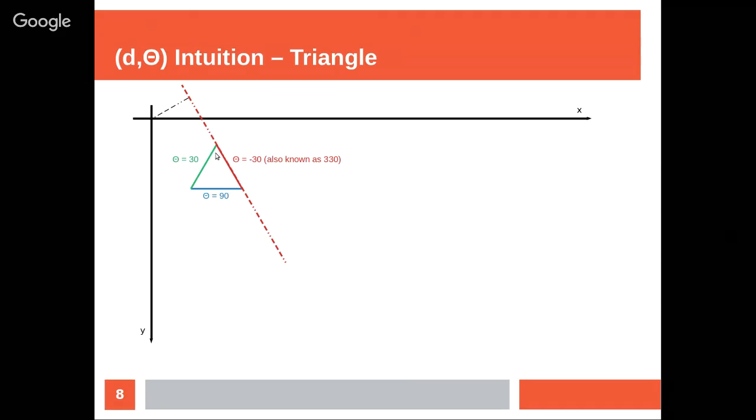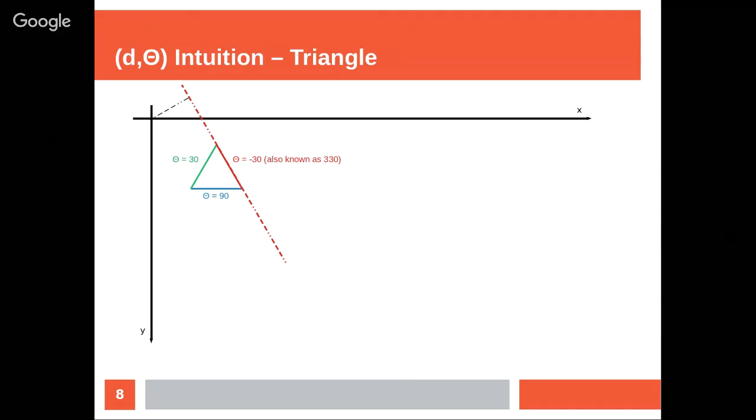And hopefully you're thinking, aha, in the p-set we have things that change position and they change scale. They don't change orientation. So this is maybe a property we can exploit, that the thetas for these lines always fall in a nice pattern of sort of 30, negative 30, and 90.